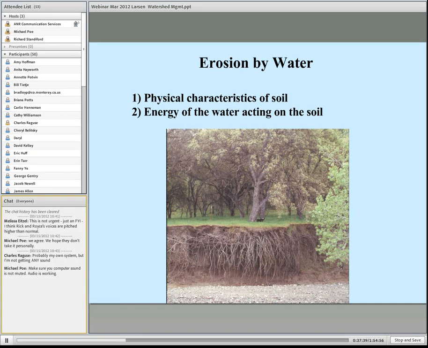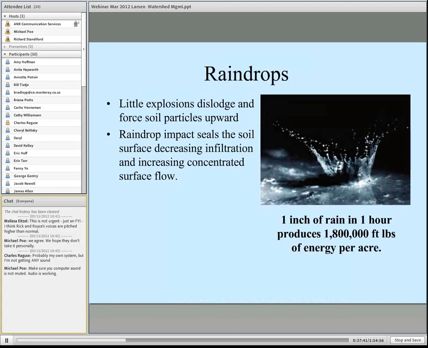That energy can come in forms of raindrops, which act like little explosions and dislodge soil particles, and moving them downslope by gravity. The other thing raindrops can do, especially if it is hitting bare soil, is take the soil particles and actually cause them to form a seal, which prevents infiltration, hence increasing surface runoff.